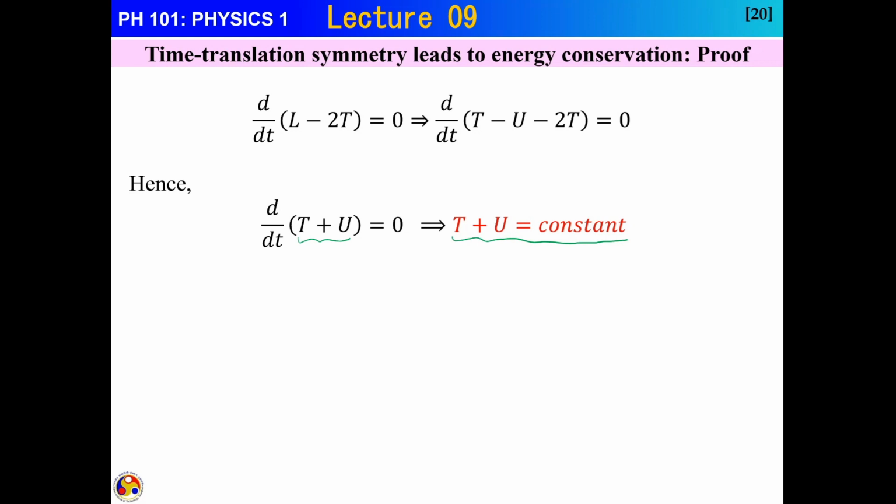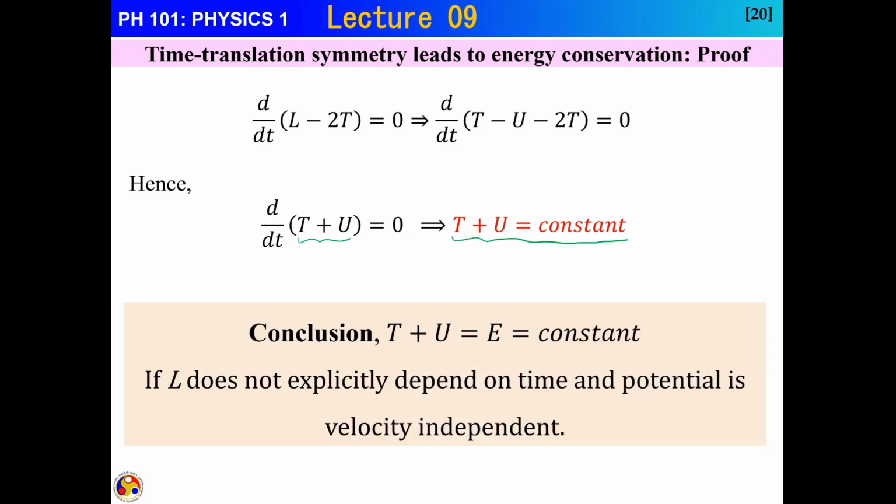So we come to a proof that if your Lagrangian does not explicitly depend on time and your potential is velocity independent, then your T plus U would remain constant for the given system.